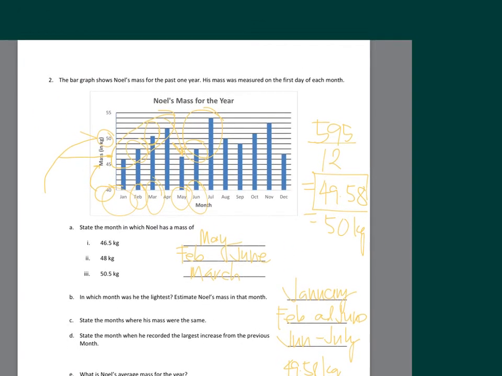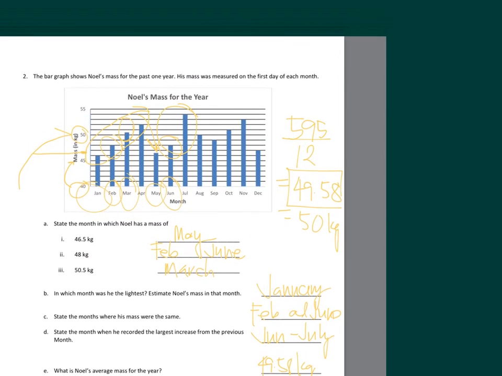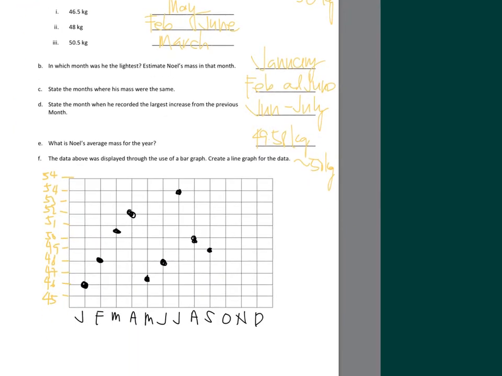For September, we have 49. For October, that's 51.